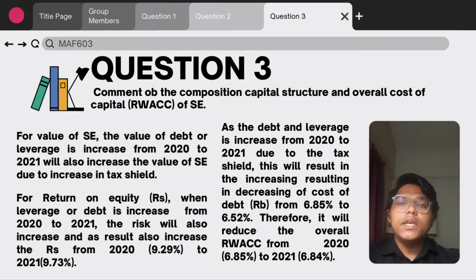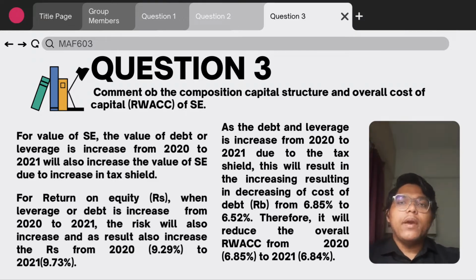For the value of SE, the value of debt or leverage increased from 2020 to 2021, which is due to the increasing tax shield in Sapura Energy Berhad. Meanwhile, for the return on equity, which is RS, when the leverage of debt increased from 2020 to 2021, the RS also increased from 9.29% in 2020 to 9.73% in 2021.